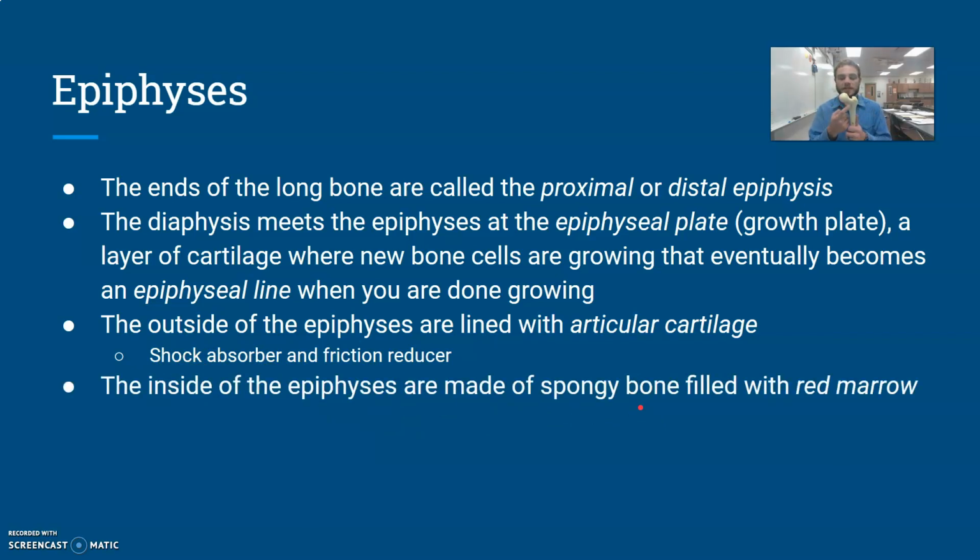Inside your epiphysis is where you'll find a lot of cancellous bone, spongy bone. That's where you're going to have a lot of red marrow. That red marrow's job is to produce red blood cells. So with any damage to there, not only do you need to worry about the epiphyseal plate, you also need to worry about your red blood cell count because you need that red marrow to constantly be regenerating red blood cells.